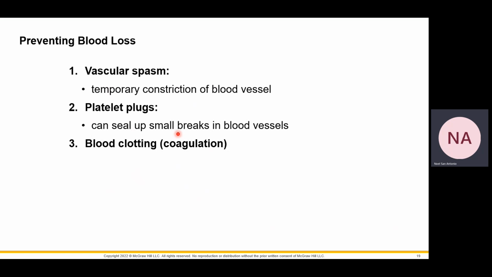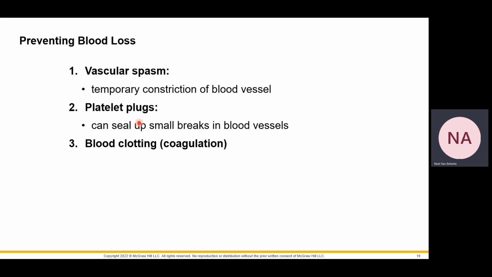So there are three ways by which our body prevents blood loss. First is vascular spasm, wherein you have temporary constriction of blood vessel. Kaya lang, temporary lang yun. So therefore, after your vascular spasm, the other two mechanisms must come into action. And that is yung second, yung platelet plugs.